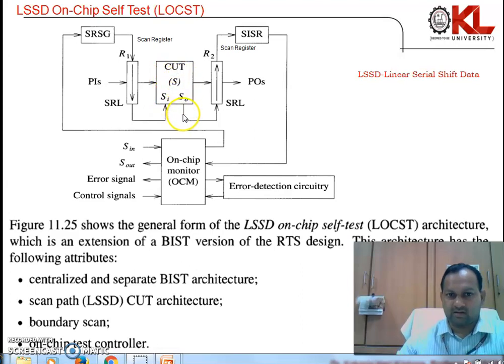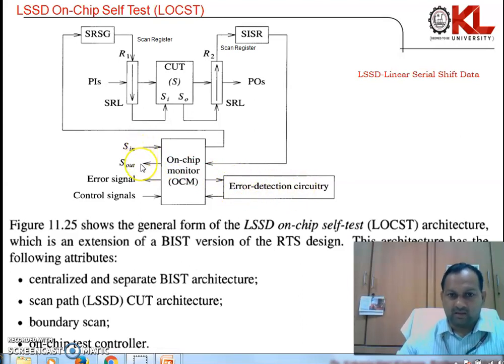The CUT sends the data serial-out to the R2 register, and the R2 shift register data is sent to the SISR, single-input signature register, which sends to the output on-chip monitor. In this output on-chip monitor, you can observe that if the serial-in and serial-out data are the same, an error cannot be detected in this error detection circuitry.